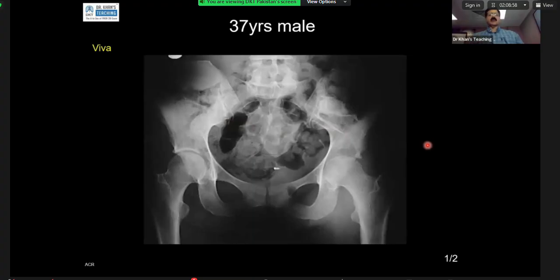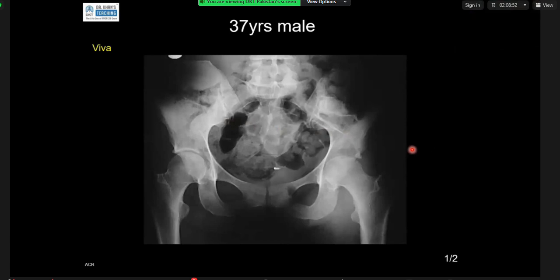Yes, please. 37-year-old male, left-sided symptoms. Over to you. I'm presented with an AP pelvis radiograph of a skeletally mature patient. There is narrowing of the left hip joint with lucency of the acetabular roof, I think. There is also subtle lucency involving the femoral head admixed with sclerosis.